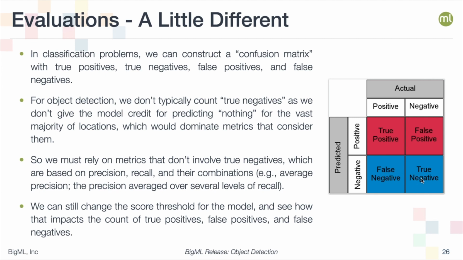So for object detection, this true negatives cell can be a little bit misleading. So in object detection, like I said, there's many possible bounding box proposals at many different locations in the image. You can see very quickly that gets to thousands if you think of a 32 by 32 grid, and at each point in the grid you have several bounding boxes that you're trying out.